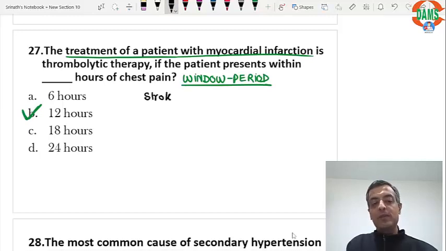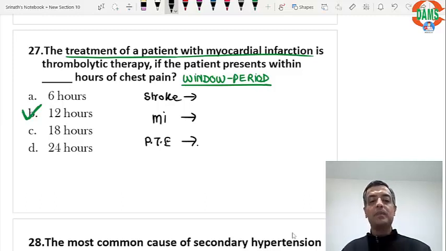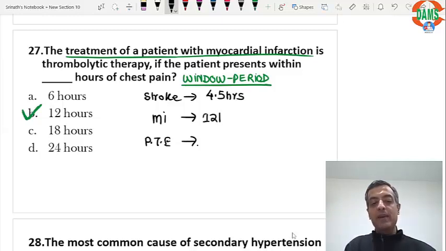What is the window period in stroke, in MI, and in pulmonary embolism? Window period in stroke is 4.5 hours. In MI it is 12 hours. In pulmonary embolism it is 14 days. The correct answer is B, 12 hours.